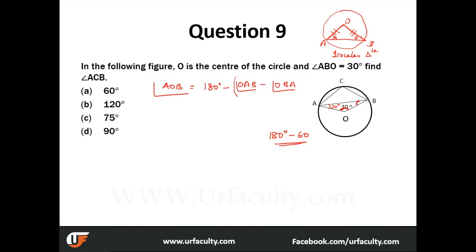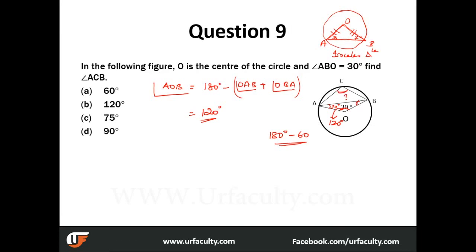Because this is 30, 30 and we need to find this angle, this is equal to 120 degrees. So what are we asked to find? We are being asked to find the angle ACB.